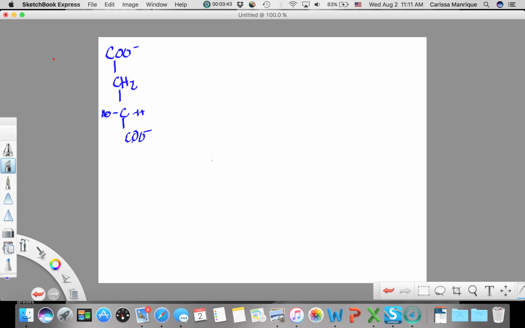Okay, this is an OH right here. Now, NAD plus. This is a strong enough oxidizing agent, meaning it's going to add oxygens, take away hydrogens. For this reaction, NADH, and then also an H plus.